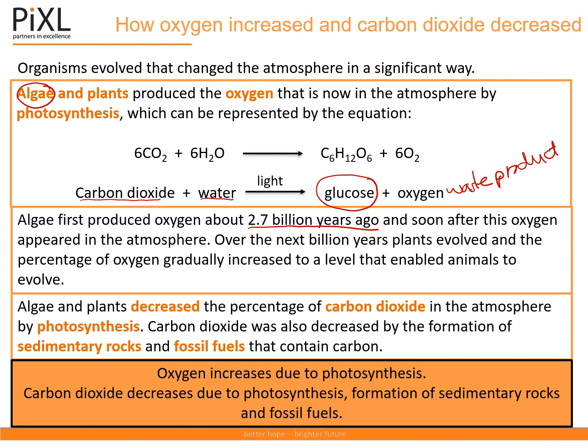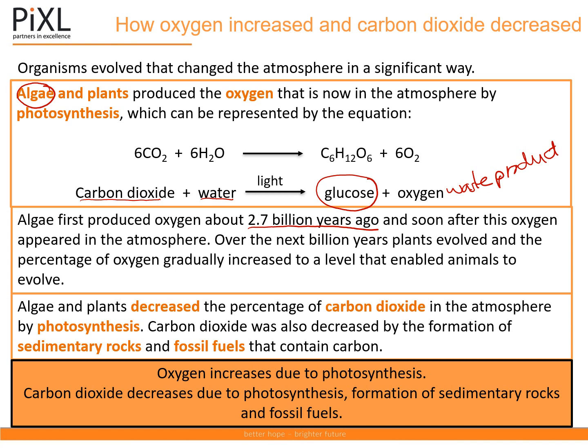Okay, so it's a waste product that's released into the atmosphere. So once we've got the photosynthesis happening, the carbon dioxide in the atmosphere will decrease and the oxygen in the atmosphere increases. And then the oxygen in the atmosphere increased sufficiently to allow the evolution of animal life.